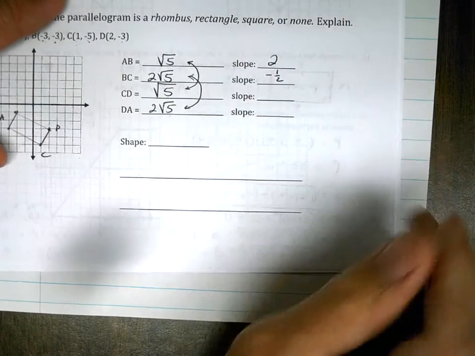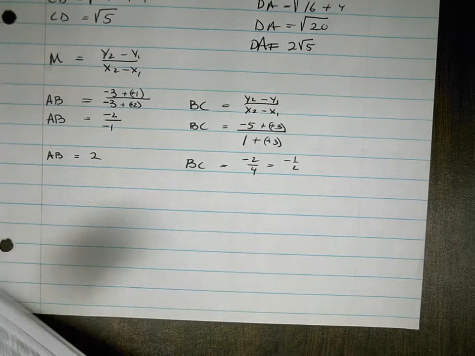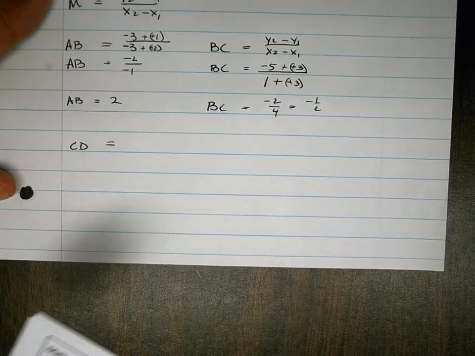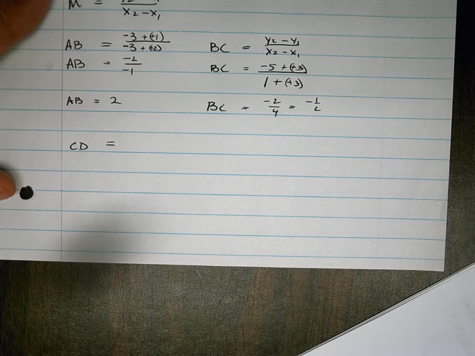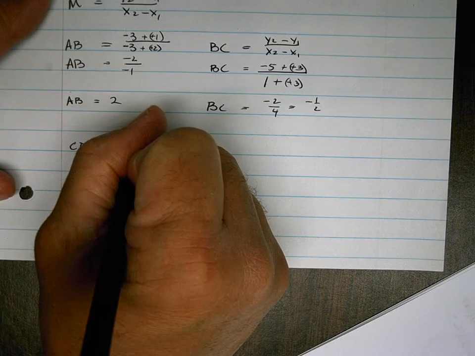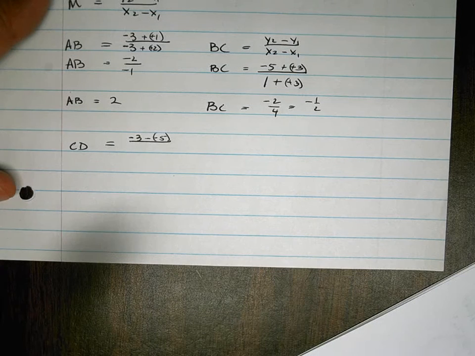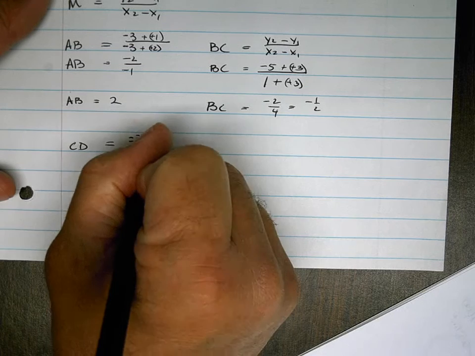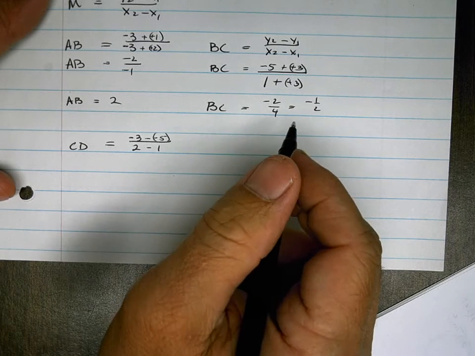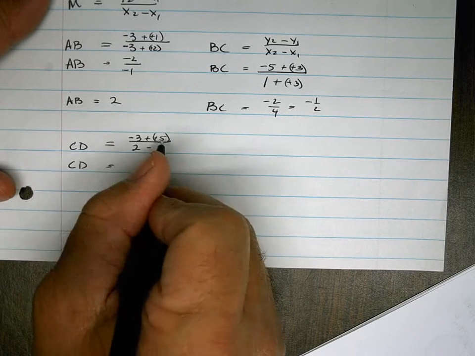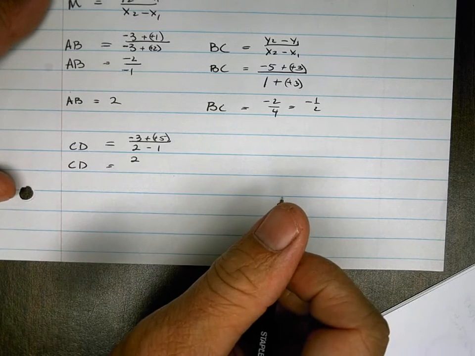Okay, now let's find the slope of CD. The slope of CD is negative 3 minus negative 5 over 2 minus 1, which means we add the opposite and we get negative 3 plus 5, which is 2, and we get 2 minus 1, which is 1.